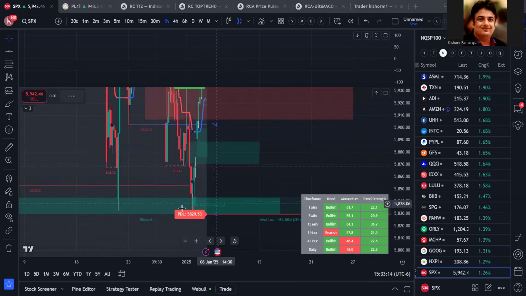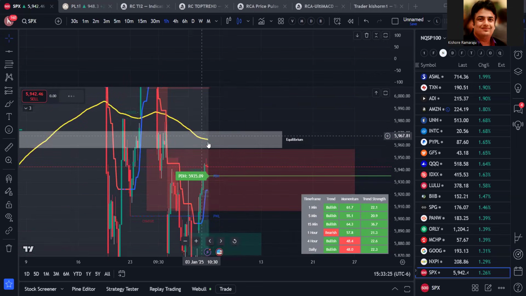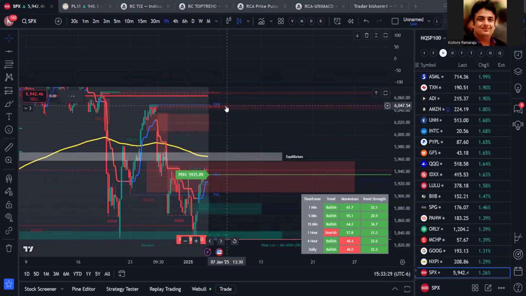You see, there are a lot of buy orders. Price came here, then started going up. So you can see minimum it will come to the equilibrium. But as of now, really there are no sell orders until 60.47. The price may go all the way to 60.47 before a big drop.